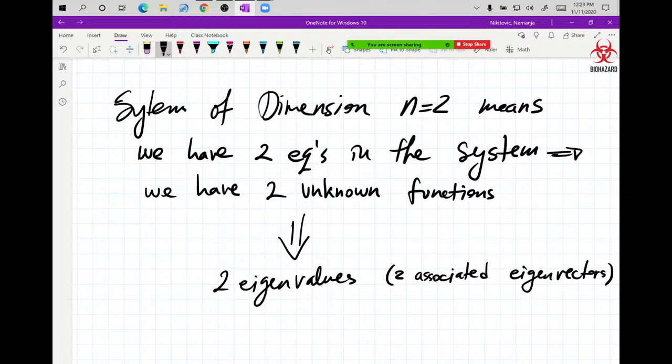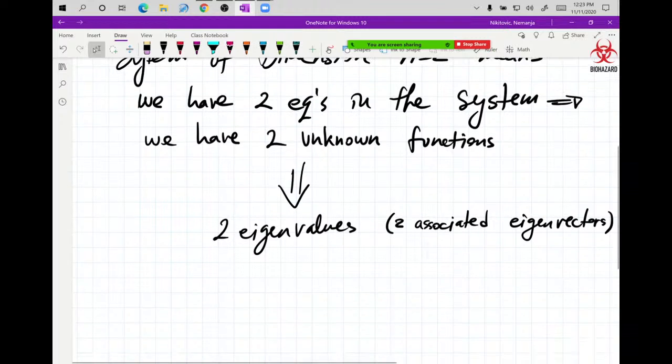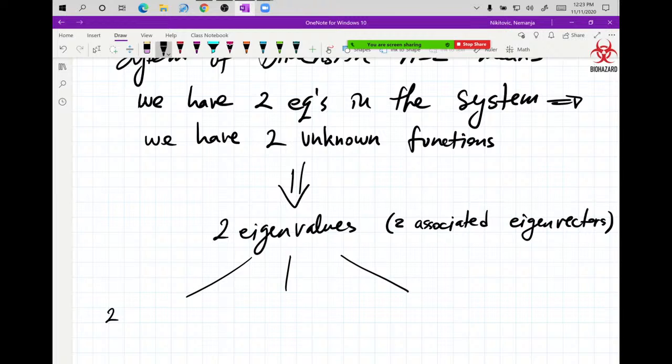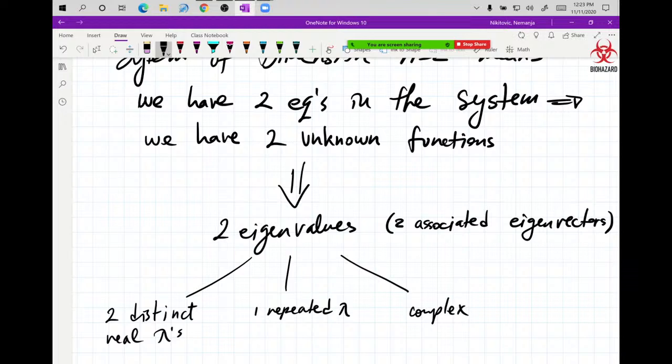And now those eigenvalues can have one of 3 possibilities: 2 distinct real lambdas, or 1 repeated lambda, or complex lambdas.